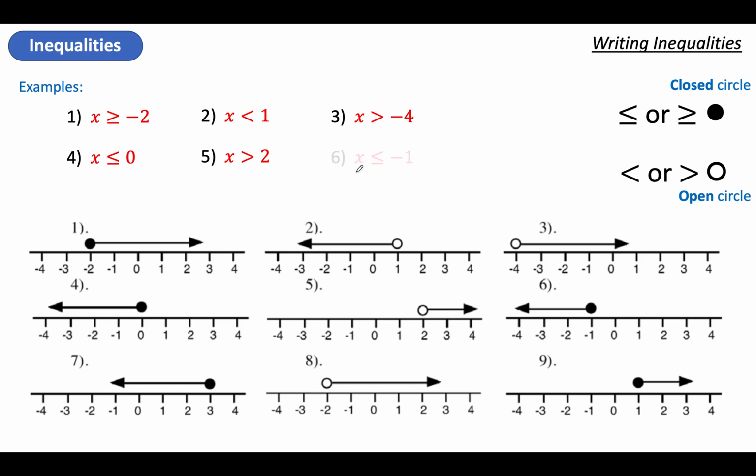Number 6, x is less than or equal to -1. Number 7, x is less than or equal to 3. Number 8, x is greater than -2. And number 9, x is greater than or equal to 1. Cool.